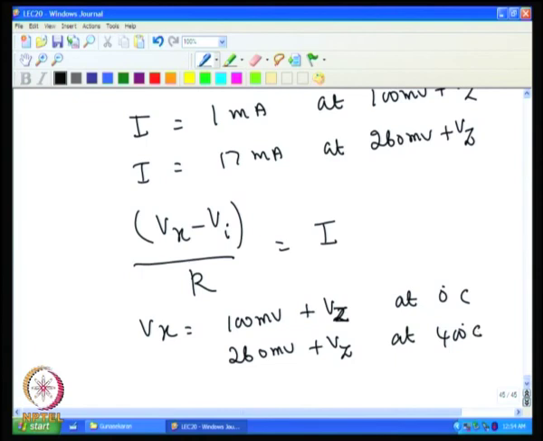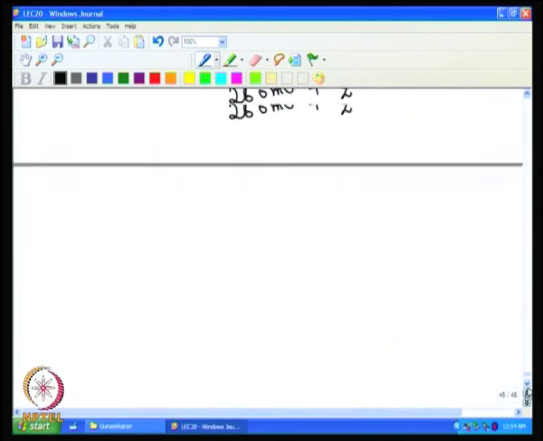So, one can select Vi such that this Vz plus 100 millivolt is taken care of.